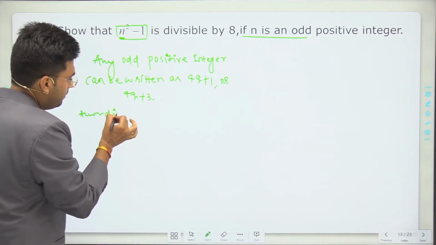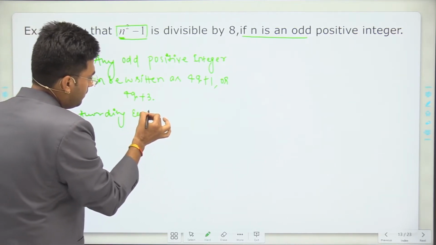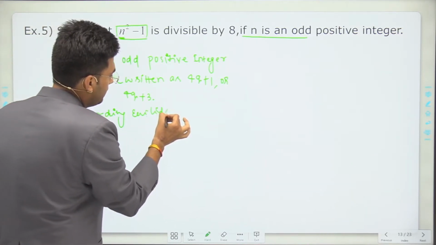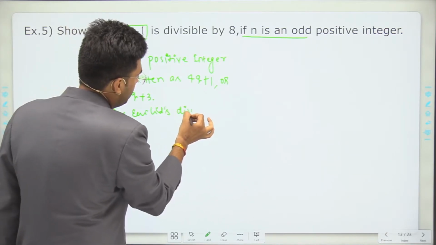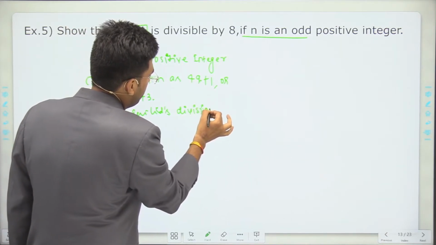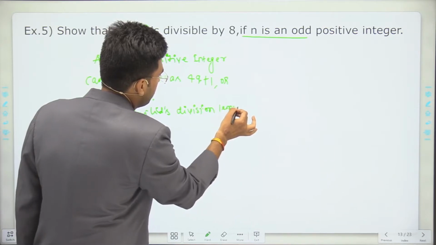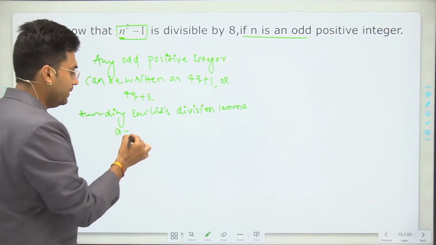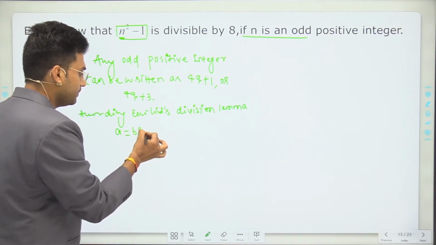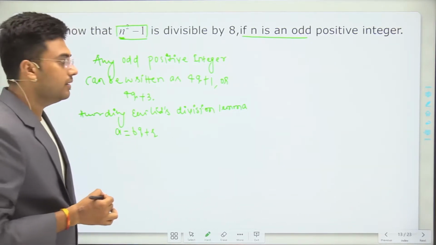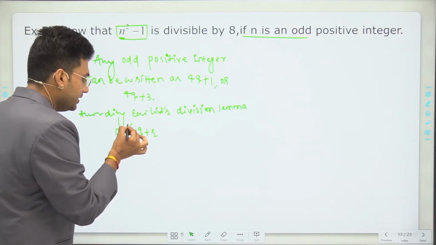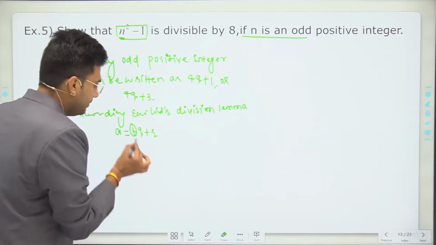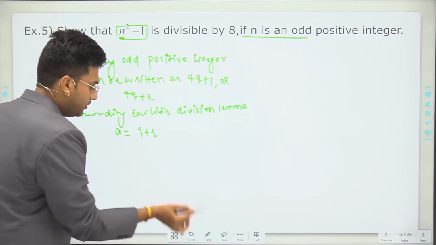According to Euclid's division lemma, we can write a is equal to bq plus r, and let b be equal to 4.